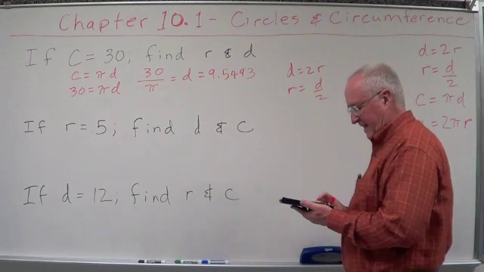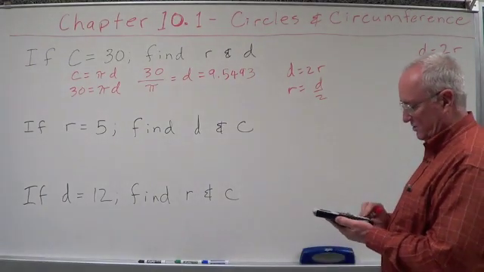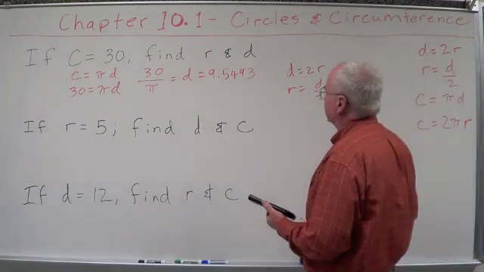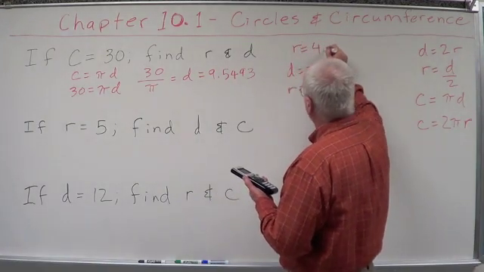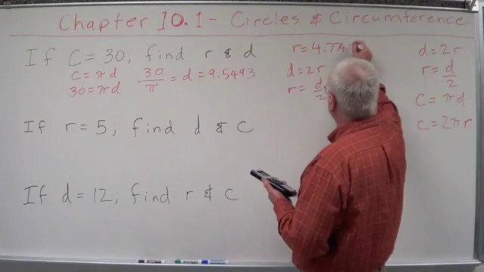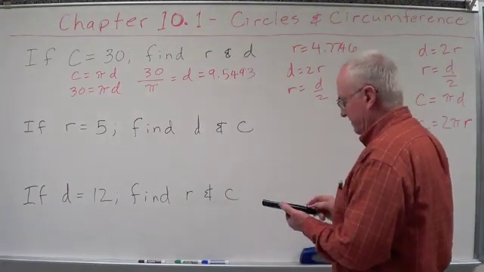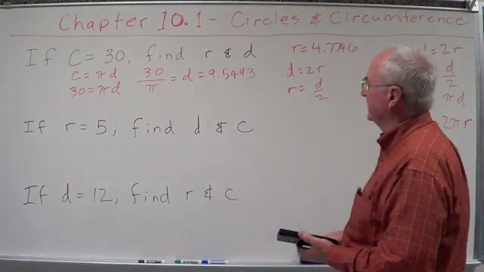If I take that answer and divide it by 2, then I get r equals 4.7746. Take it to 2 decimal places at least.